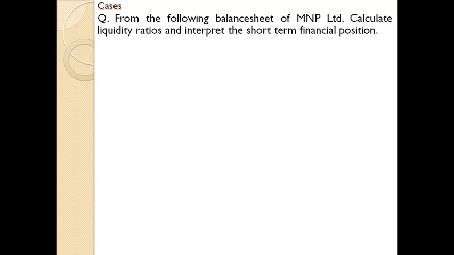Whenever the question is asked to find short-term financial position or liquidity ratios, it is implied that you need to find the answer for all these 3 cases. Under liquidity ratios, you need to find current ratio, liquid ratio, and absolute liquid ratio. It will not be mentioned in the question to find all these items. It is implied that you need to find the answer for all these cases.